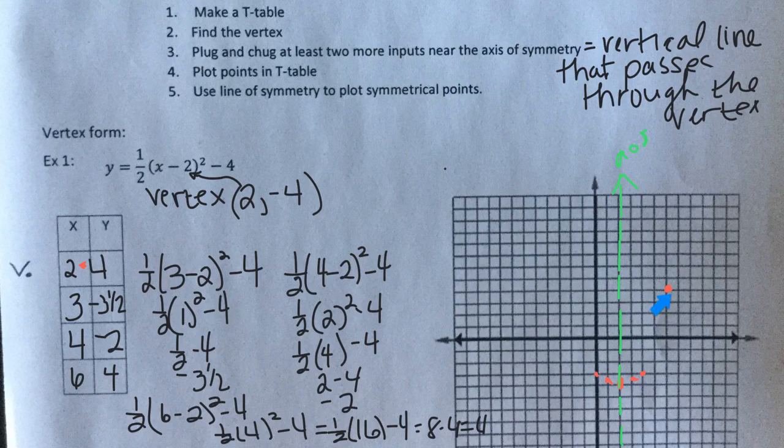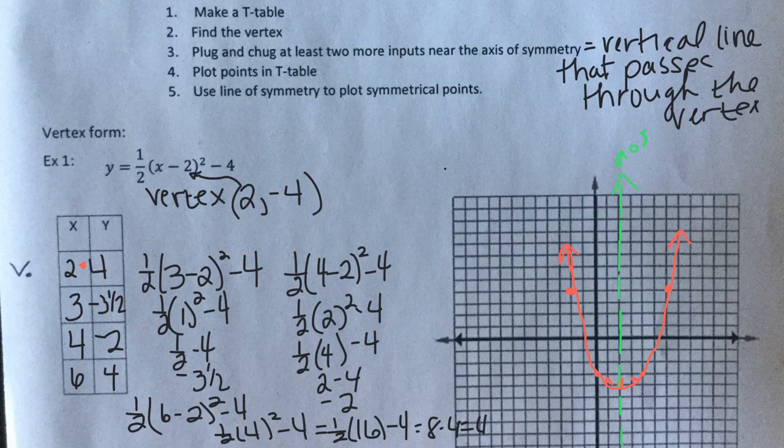So now I'm going to reflect this in the axis of symmetry. I'm 4 away from the axis of symmetry, so I'm going to go 4 away on the other side. So 1, 2, 3, 4. And then now I've got a much nicer picture of my parabola than I would have had.